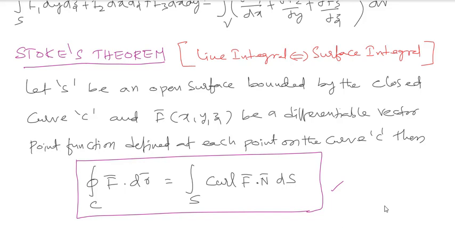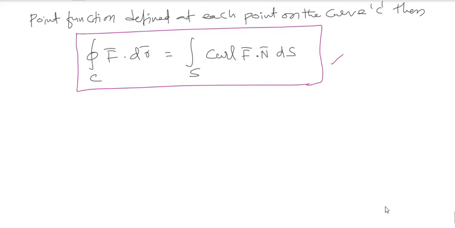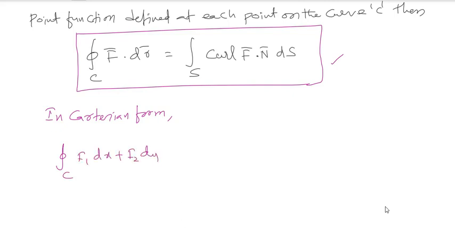Got my point? If you want it in Cartesian form, this can be represented as the closed integral over C of f1 dx plus f2 dy plus f3 dz, which is equivalent to the surface integral of curl, del cross f bar dot n bar ds.